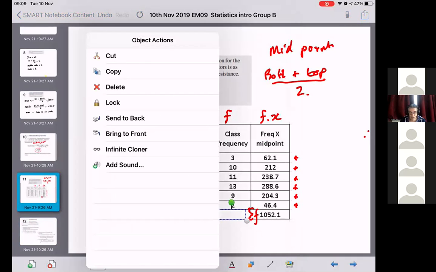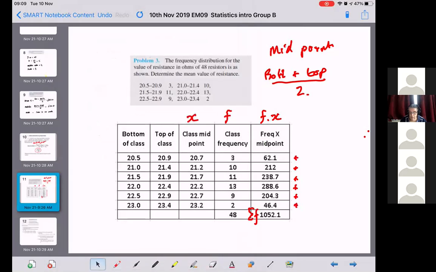That's the sum of f, and this one is the sum of f times x.